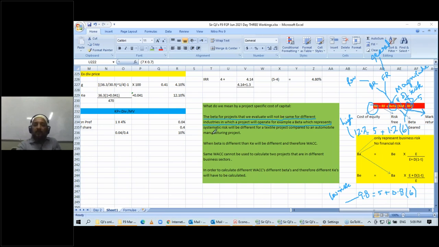For example, a beta which represents systematic risk will be different for a textile project compared to an automobile manufacturing project. Why? Because the automobile business is different and the textile project is different.